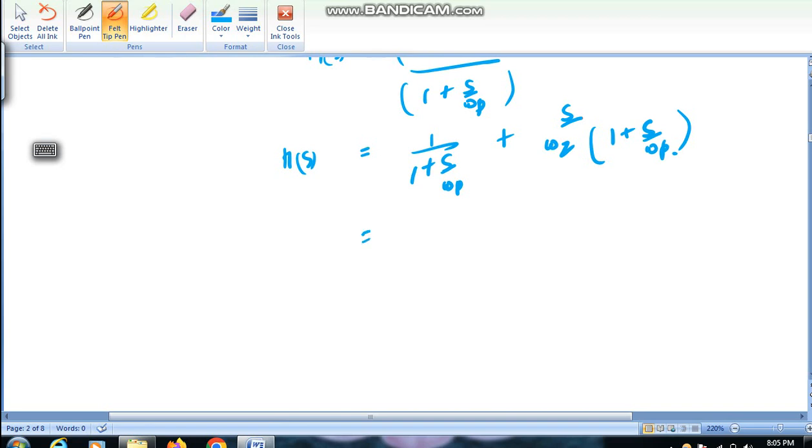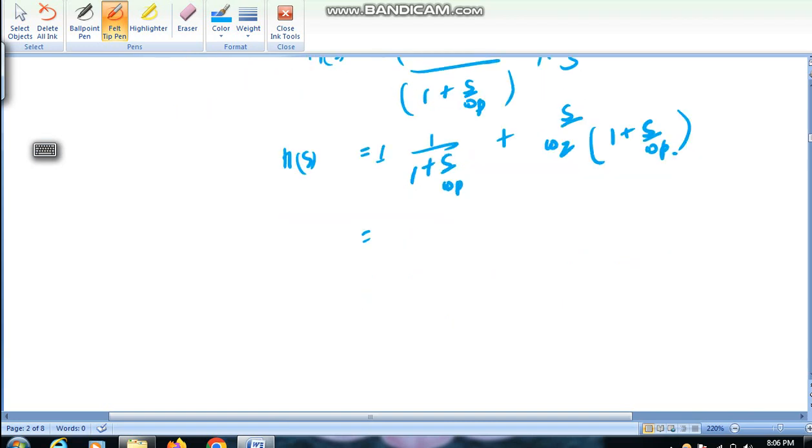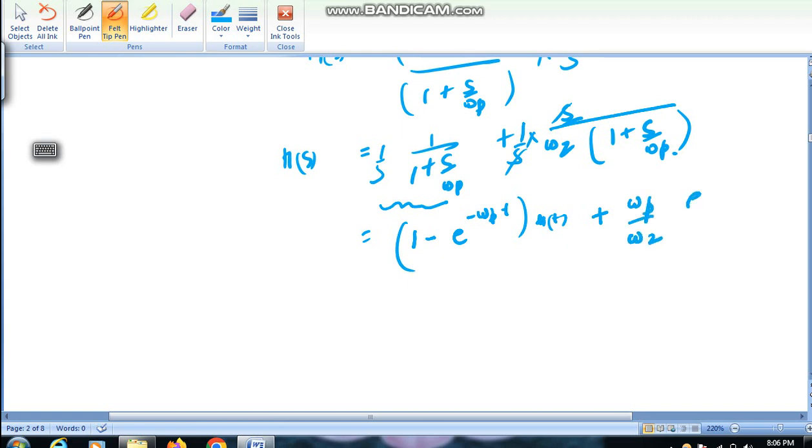So for the step response, we will multiply this with 1 by s. Okay, so this is the single pole's response. So this will be 1 minus e to the power minus omega_p t into u(t), plus, for this, it will become omega_p upon omega_z e to the power minus omega_p t u(t).